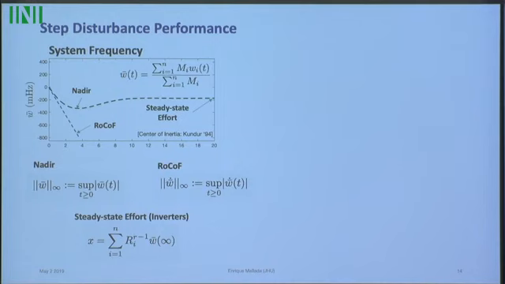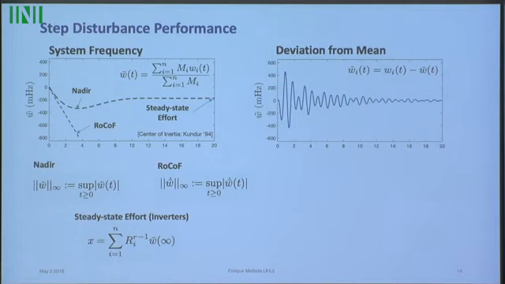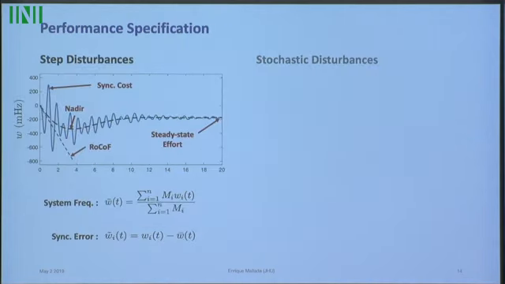And then I'm also going to use the steady state effort as a measure of how much effort I need to bring the system to a particular steady state. This is going to be in the context of inverters or the controls that we're going to use. And on the other side, from the deviation from this mean frequency, we're going to measure the squared area, and we're going to call this synchronization cost. Okay, so this is it for frequencies.